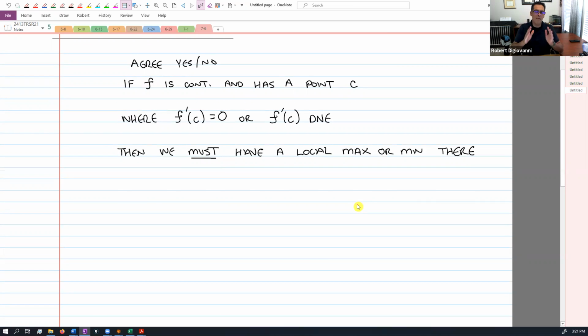So I'm saying if you have a continuous function that you can draw without picking up your pencil, and then at some point in that domain, I tell you that the derivative is 0, or I tell you that the derivative doesn't exist, then can you conclude from that that at that point we must have a local max or min?